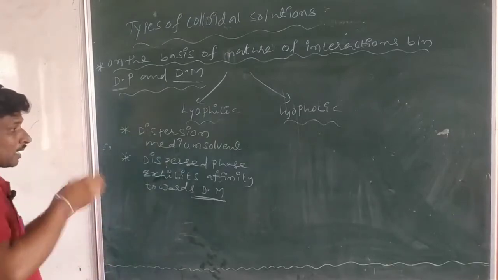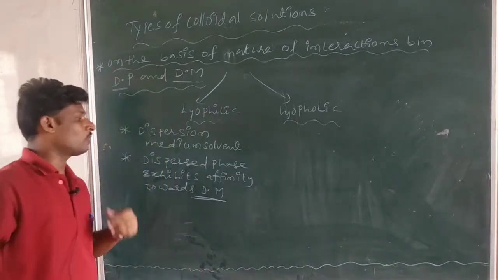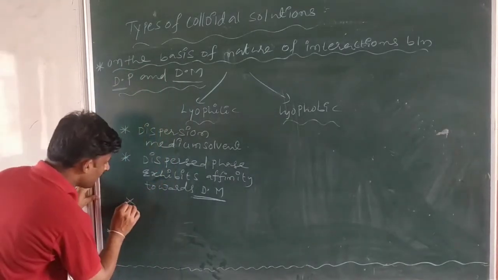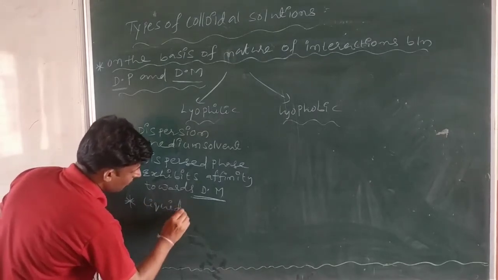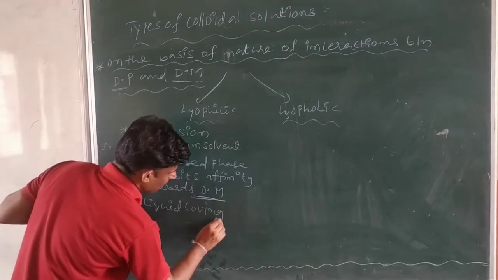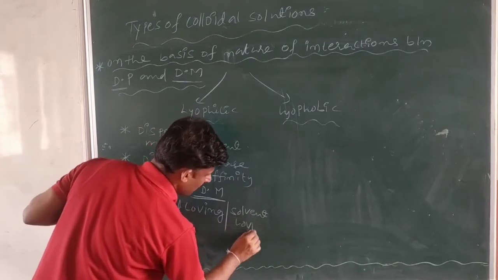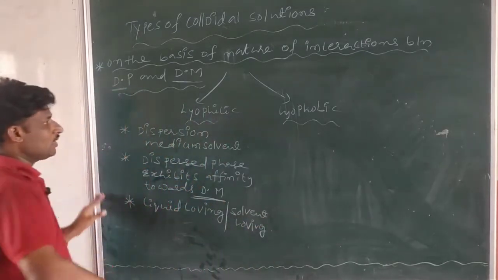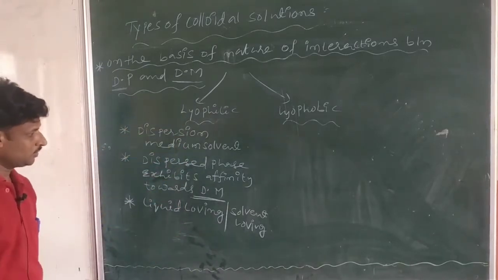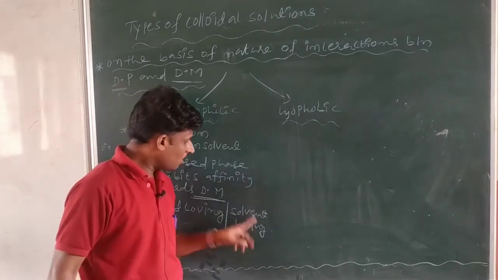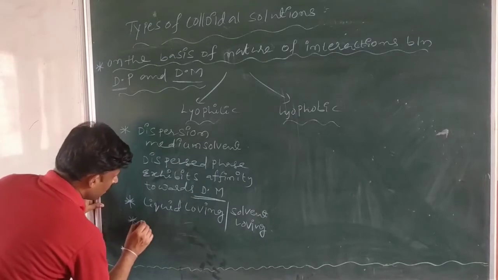More affinity is there, they come close together, and the attraction will be more. So that's why these are called liquid loving or solvent loving colloidal solutions. These are also called emulsoids.